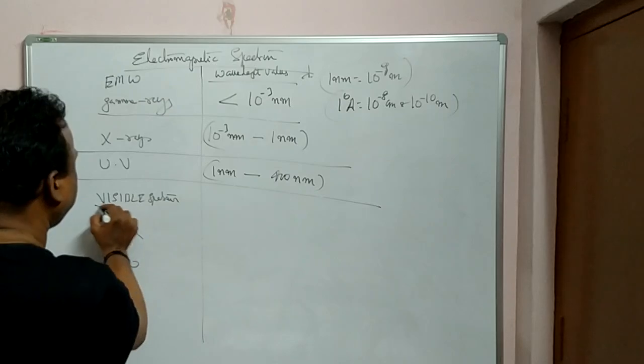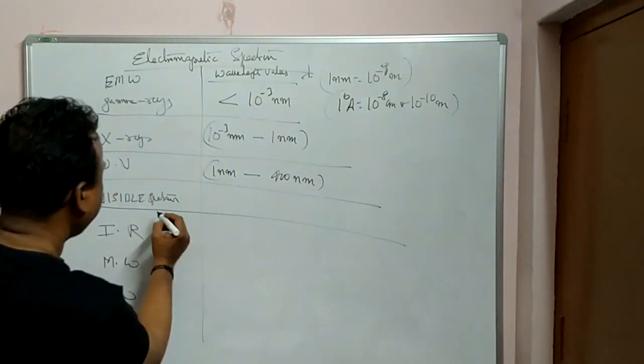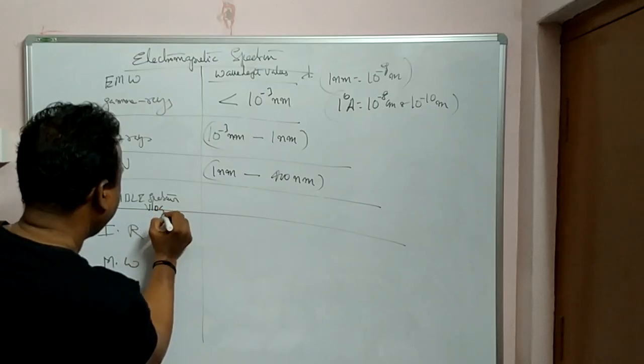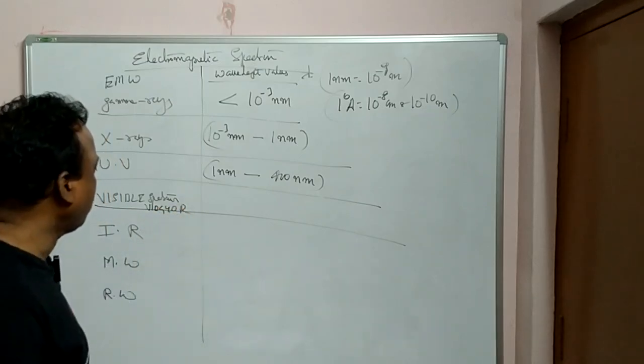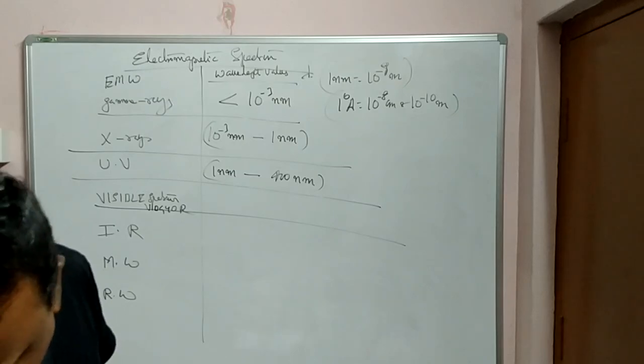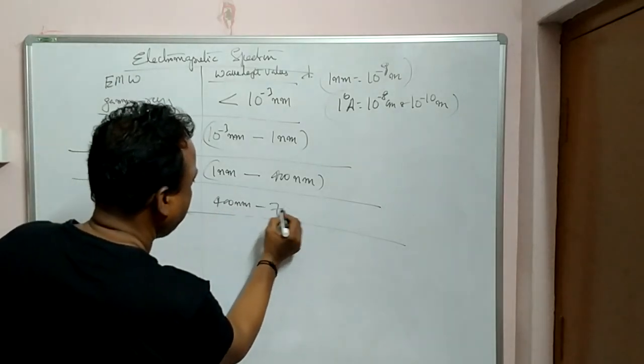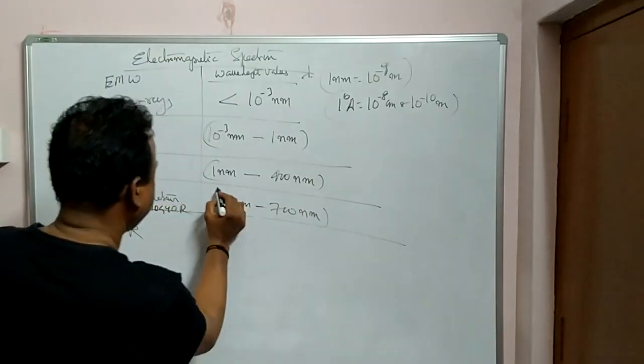Now the visible spectrum, that is called VIBGYOR: violet, indigo, blue, green, yellow, orange, red. The visible spectrum is 400 nanometers to 700 nanometers.